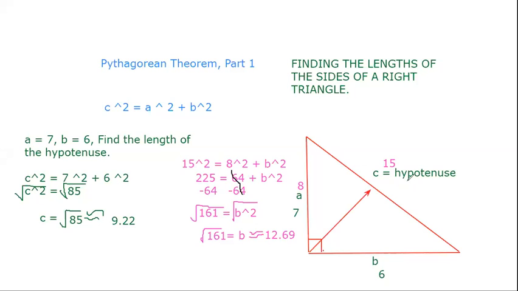So it's not always that you're going to get a picture. Sometimes you're just going to have letters. Sometimes you might see something like this. Find the missing side. Let's say A equals 12 and C equals 20.